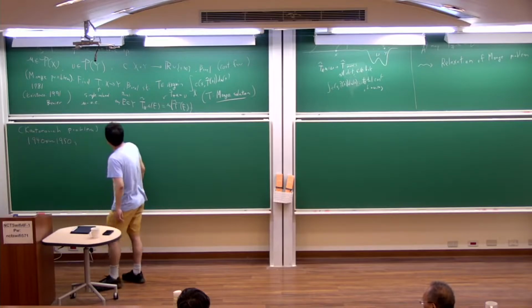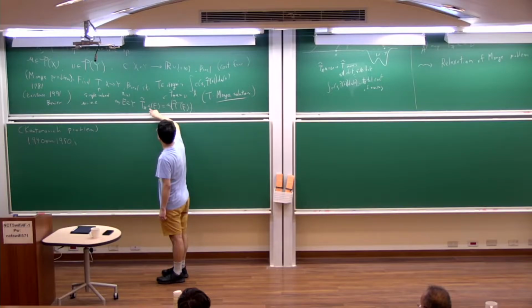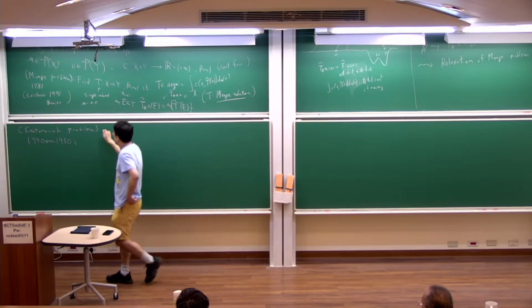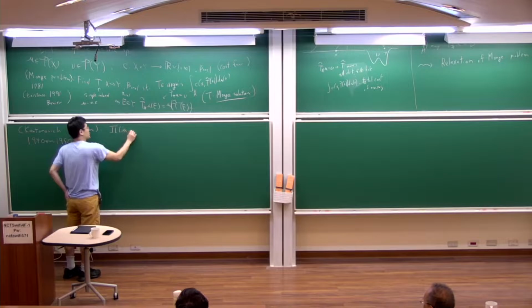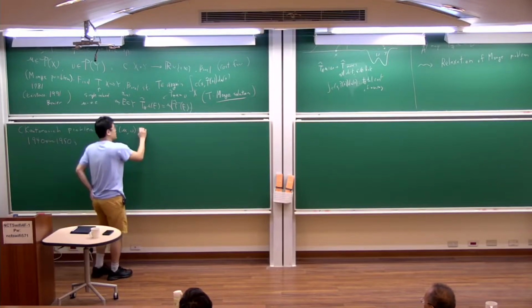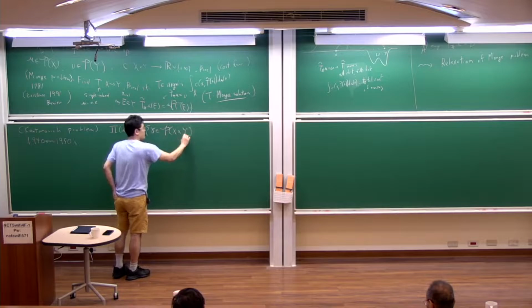So instead of looking at mappings that push one measure forward to another, Kantorovich decided to look at the following set. So let's call this capital Pi(mu, nu). So this is a collection of probability measures, we'll call them gamma, on the product. Okay?